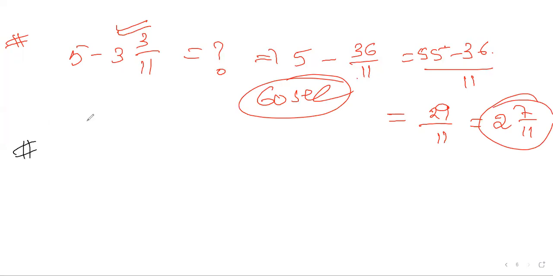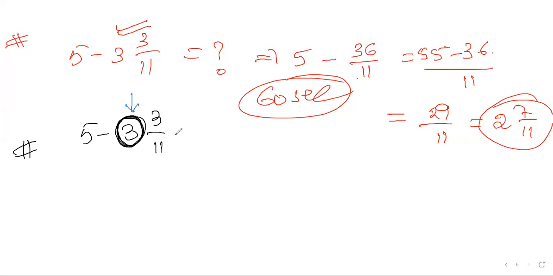You have 5 minus 3 by 11. Whatever number you have there, which is 3, just increase it by 1.